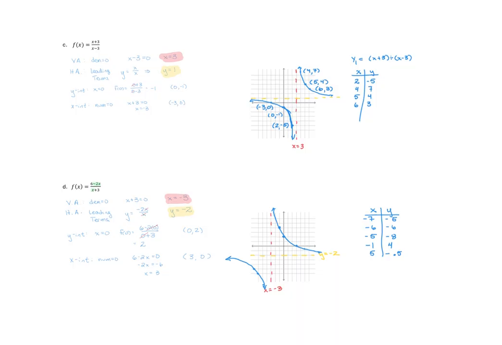Now these two are examples of graphs that have one vertical asymptote, and it also has a horizontal asymptote, but these ones, we had horizontal asymptotes that were not 0. All right, let's go ahead and look at a couple more examples and see what else these things are going to look like.